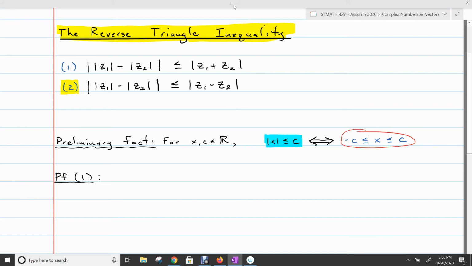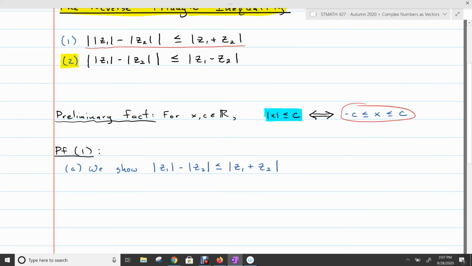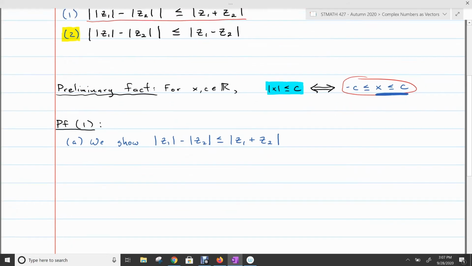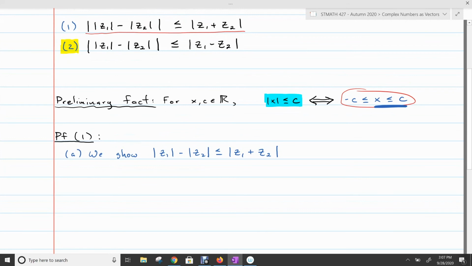I'm going to use that to prove this first inequality up here, because on the left-hand side I've got the absolute value of something less than or equal to something else. So we're going to show that modulus z1 minus modulus z2 is less than or equal to the modulus of z1 plus z2. So we're showing the right-hand side of this inequality that I circled in red, applied to inequality 1 at the top there.